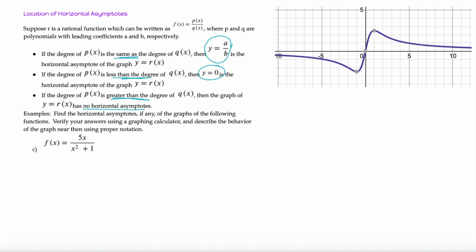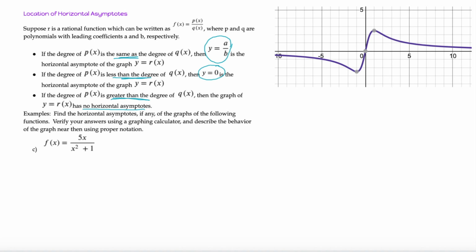So looking at f of x is equal to 5x over x squared plus 1, here it's asking us to just find the horizontal asymptotes and then describe the behavior as it's approaching using our proper notation. So we don't actually have to simplify to look for the horizontal asymptotes.